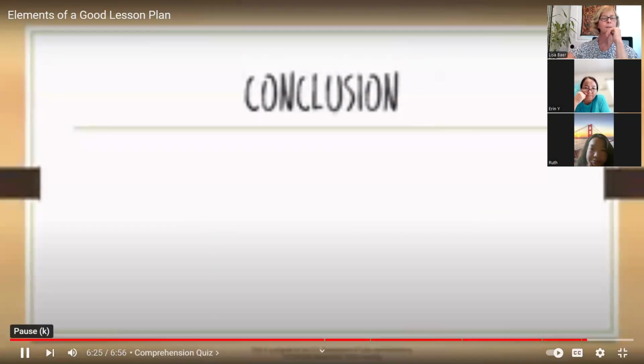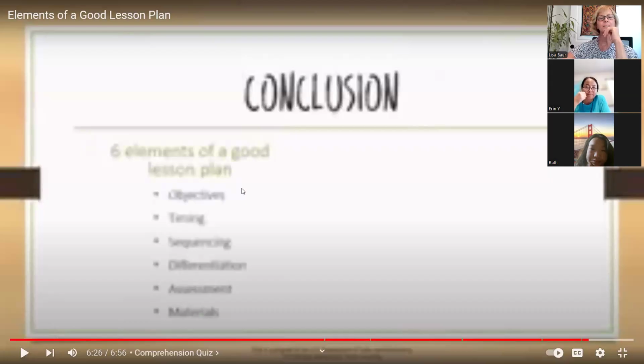Okay. Now that we have looked at the 6: objectives, timing, sequencing. I think we all forgot sequencing. Differentiation, assessment, and materials. So as Erin said, she thought that timing and differentiation would be the most difficult in putting together a lesson plan. What about you, Ruth? What do you find?